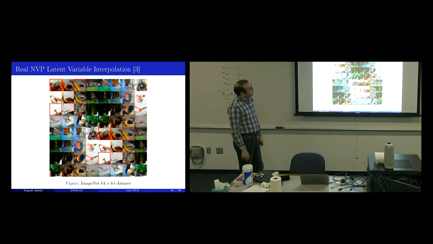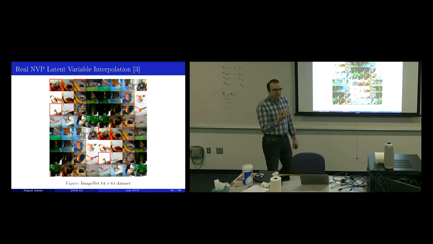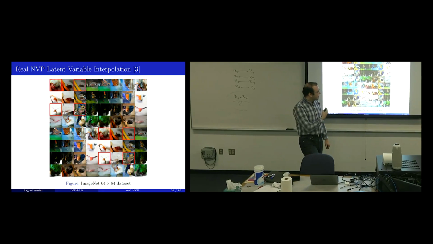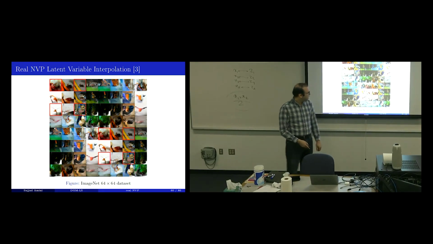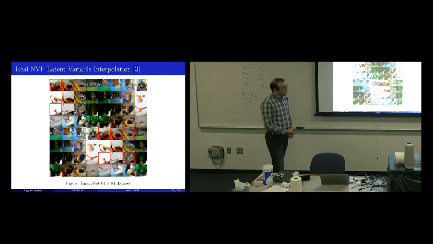This is the idea of latent variable interpolation. We have previously talked about the attribute vectors in VAEs. This is also another idea in the latent space, and it shows that the model recovers some manifold in the latent space. We can talk about this idea further after the class if you are interested.